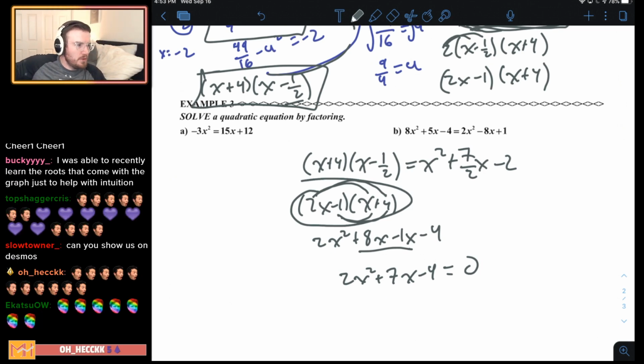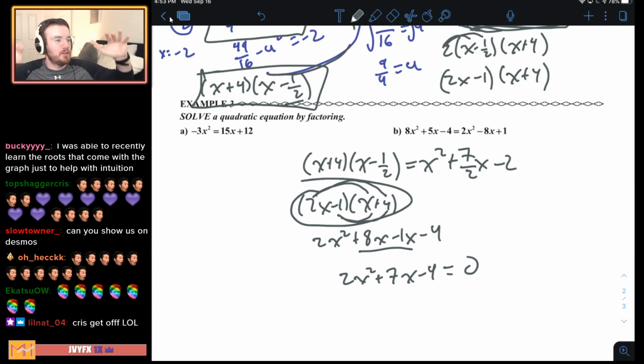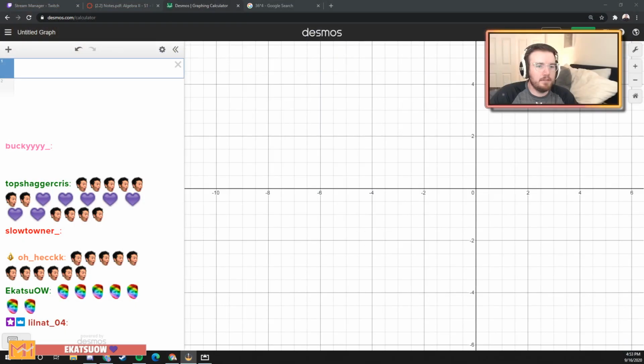I was able to recently learn the roots that come with the graph just to help with intuition. Can you show us on Desmos? On a graph, right?